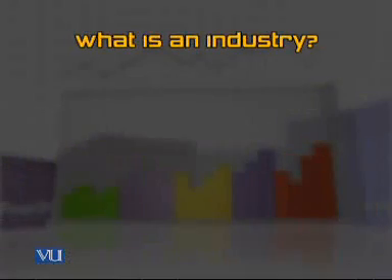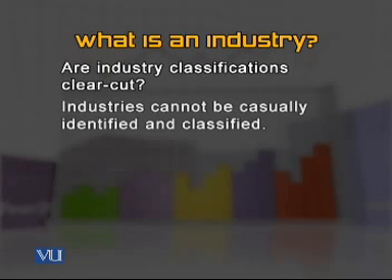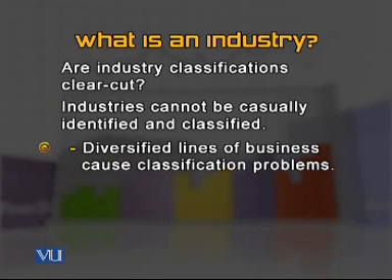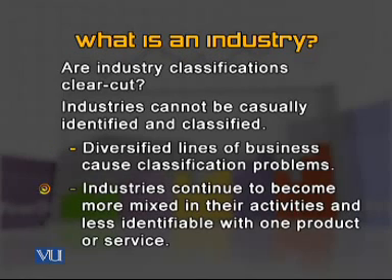Now, this led to a question: what actually is an industry and what are industry classifications? Industries cannot be easily classified or identified. Diversified lines of businesses cause classification problems. Now, these industries continue to become more mixed in their activities and less identifiable with one product or service.